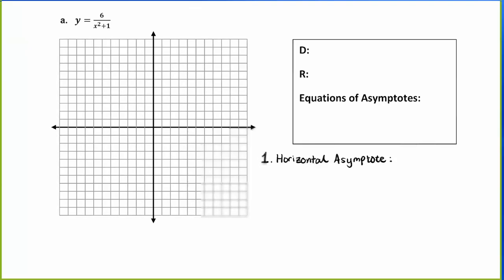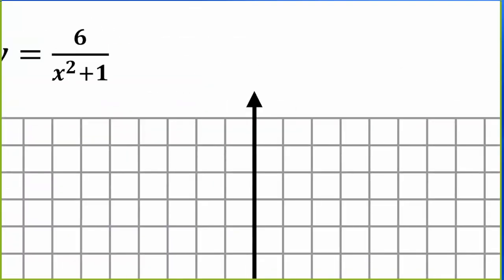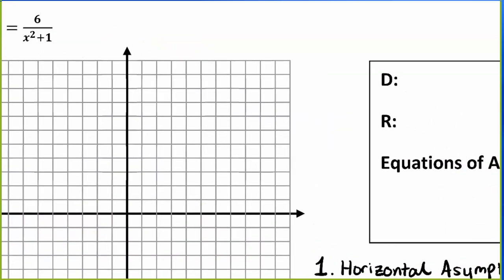So notice the degree in the top of our function here is 0. That's because there is no power. It would be x to the 0, but we would never write that. And then our n, the highest degree at the bottom, is 2.